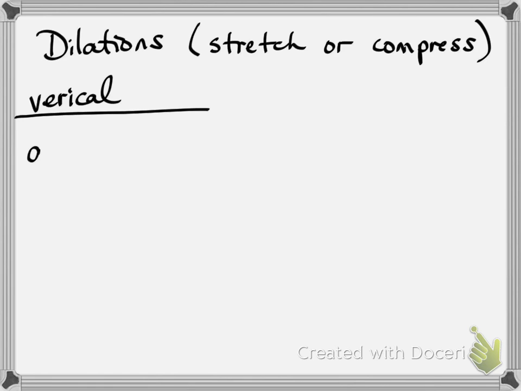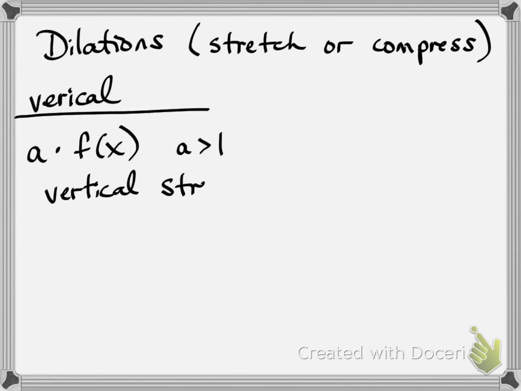So first off, let's think vertically. If you have a times f of x, and a is greater than 1, then that is a vertical stretch by a factor of a.